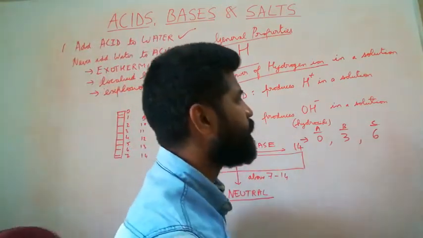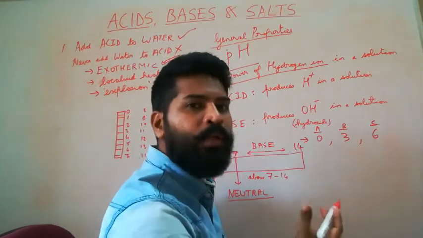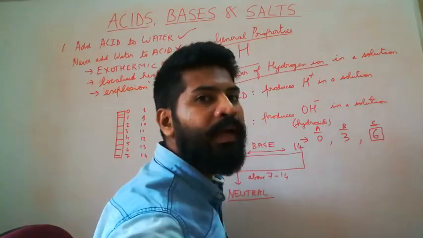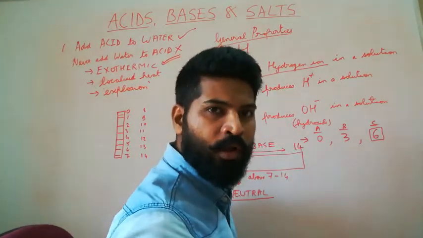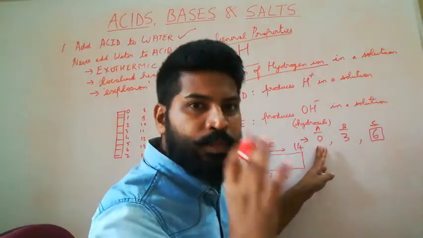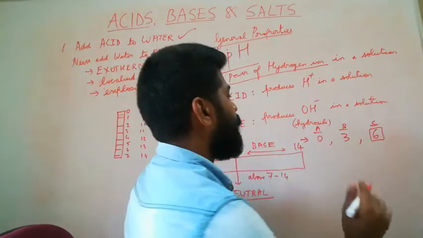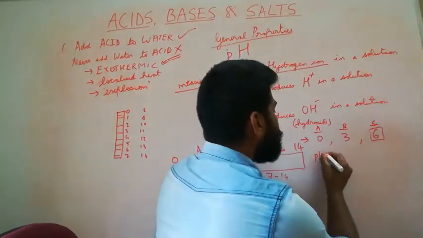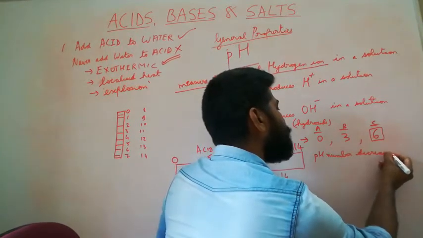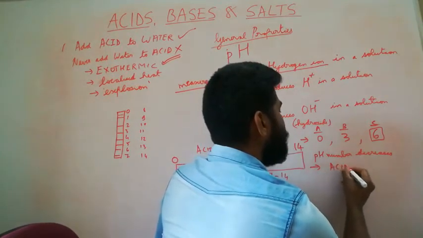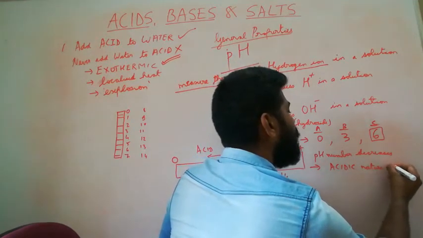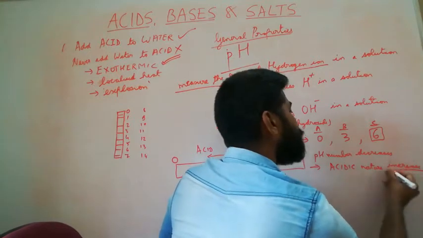Of course you would directly jump to the conclusion that because the number 6 is greater in value, that would be a strong acid, whereas 0 would be a weak acid. This is what I want you to remember. As the pH number decreases, its acidic nature will increase.